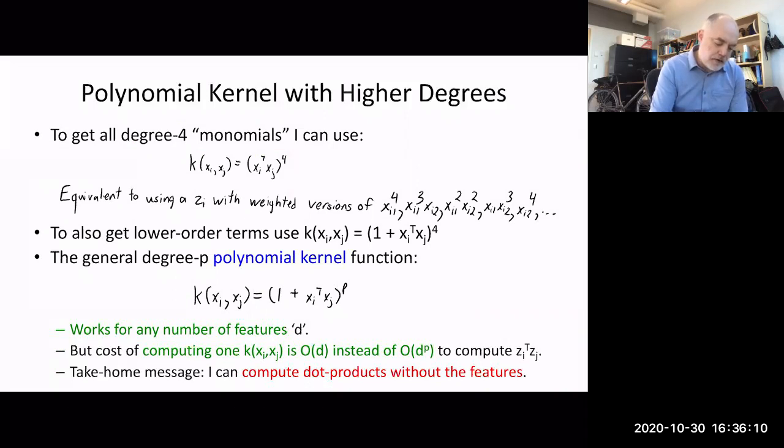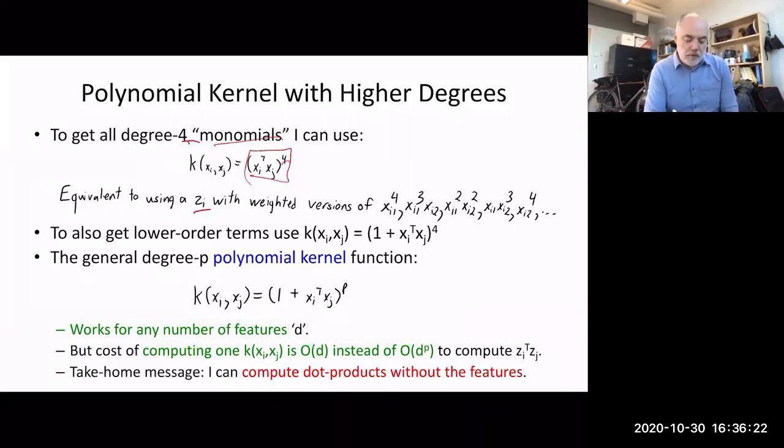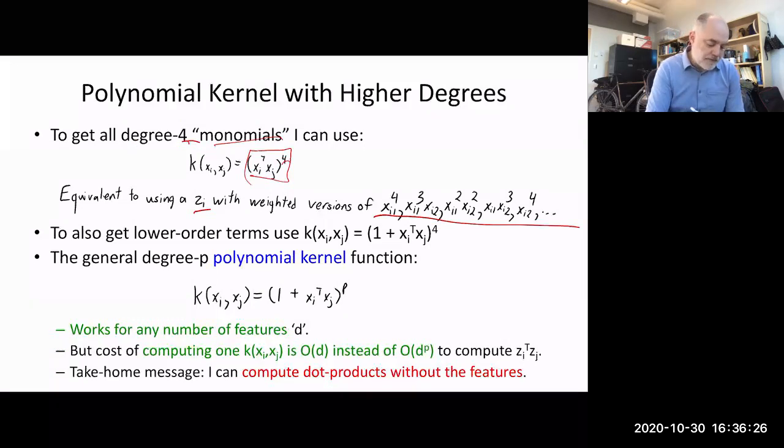If you want the monomials, basically you use a form like this. So this is all degree 4 monomials. You can manually work it out if you want to. It's horrible, and it's basically equivalent to using a z with weighted versions of all of the terms like this. If we want the lower order terms, then you add the 1. And in general, the general degree p polynomial kernel function looks like this, and this works for any number of features d.